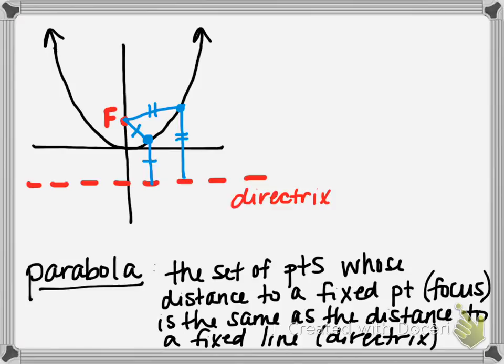So again, a parabola is the set of points whose distance to a fixed point, which is called the focus, is the same as the distance to a fixed line, which is called the directrix. So now, using this definition and the location of the focus and the directrix, we'll be able to derive an equation for a parabola that involves that distance p that was mentioned earlier.